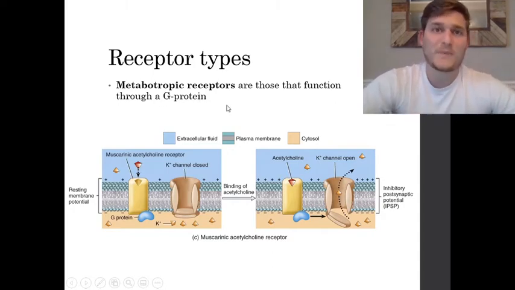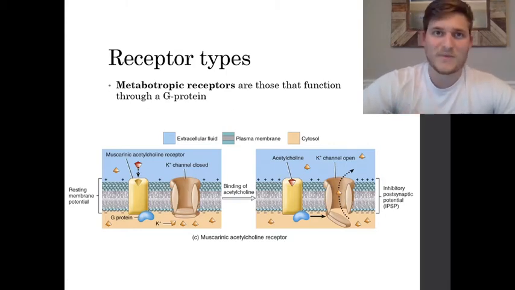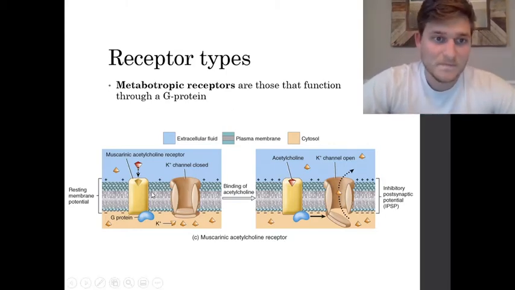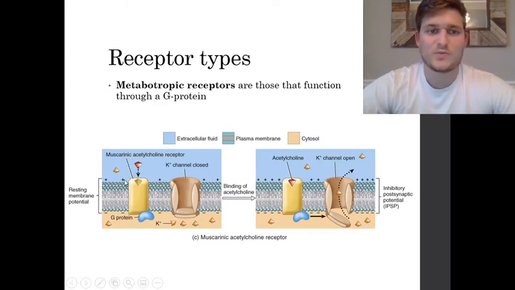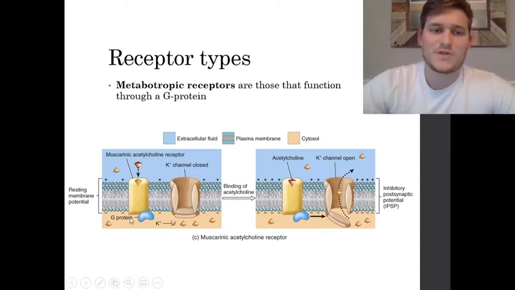And metabotropic receptors function through a G protein, which we learned about in previous lectures. And so when acetylcholine binds to one of these receptors, that G protein is going to get activated, and then we get the same result in the end. This G protein will then have an effect on maybe, let's say, another ion channel.